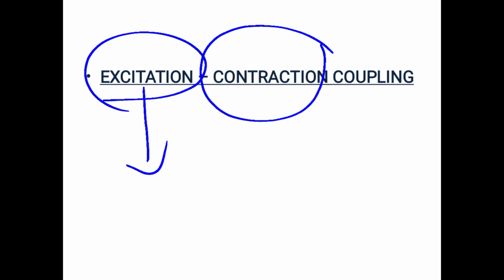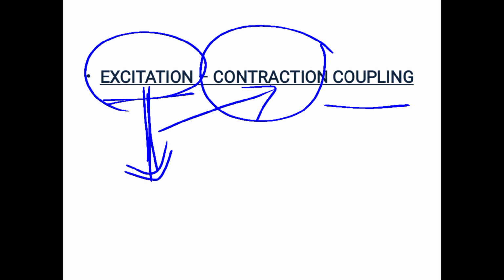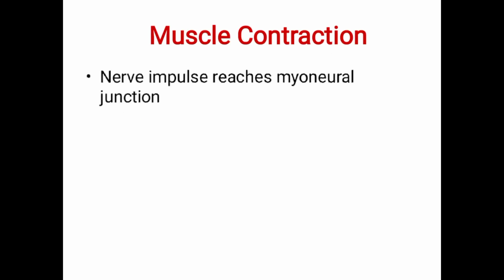At that time the muscle gets excited, and this produces muscle contraction. Hence it is called excitation contraction coupling. We will see its events and relaxation.